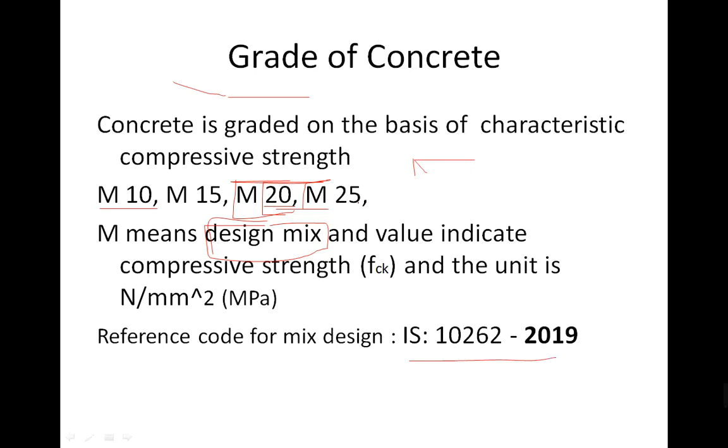So following this code, there are a number of equations used, and using those equations we find out how much coarse aggregate, how much fine aggregate, how much cement is required, and how much water you have to add for a particular volume of concrete. So here you need detailed calculation to make different grades of concrete, M20, M25.